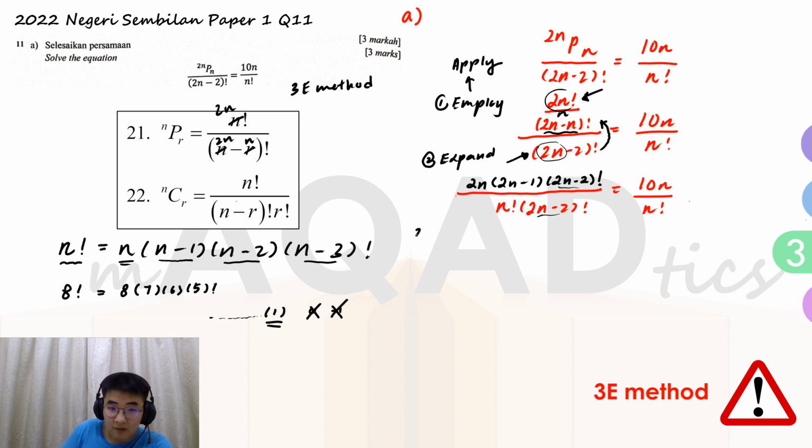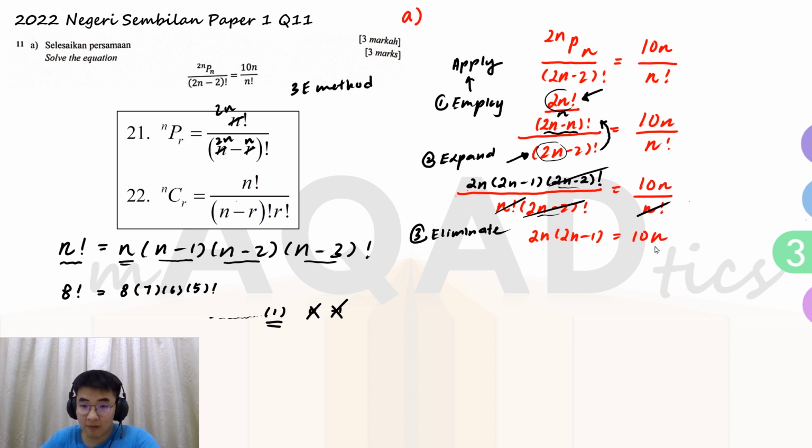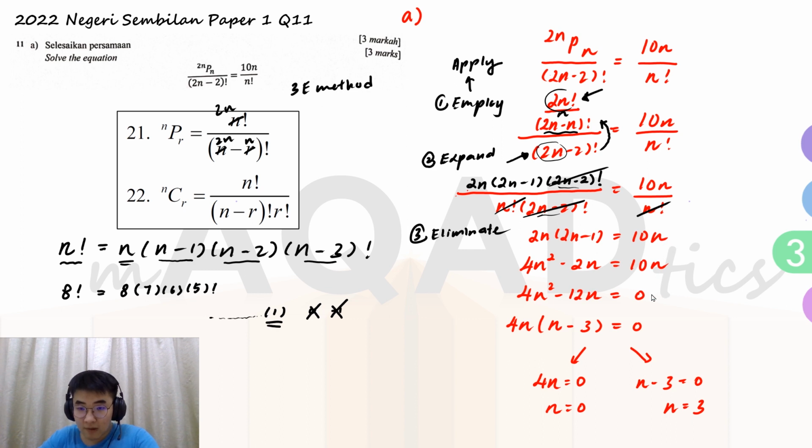This brings us to the third E, which is to eliminate the things which are similar. So here 2n minus 2 factorial, we can cross off, and on the left side and right side we have n factorial, so we can cross that off as well. This would be the simplified equation, which is 2n multiplied by 2n minus 1 equals 10n. We further simplify this. By further simplifying, you can factorize with 4n.